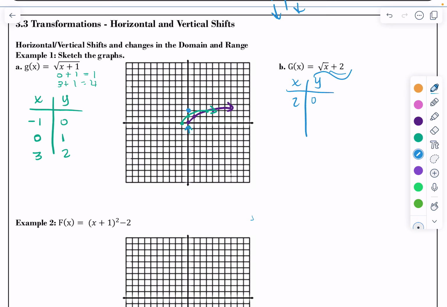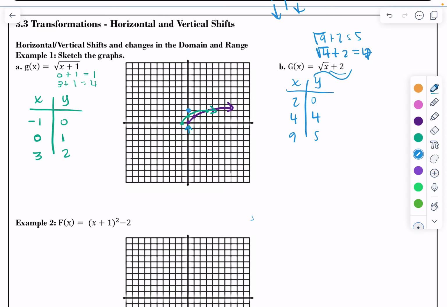So I can pick 4, and let's pick 9. If I plug in a 4, that's the square root of 4 plus 2, that's 2 plus 2, so that's going to be 4. Then I can plug in a 9. The square root of 9 plus 2 is 3 plus 2, that's 5.